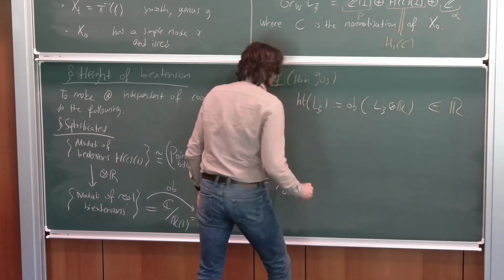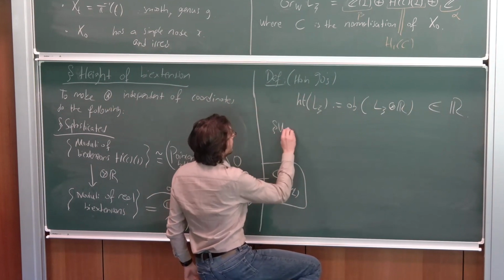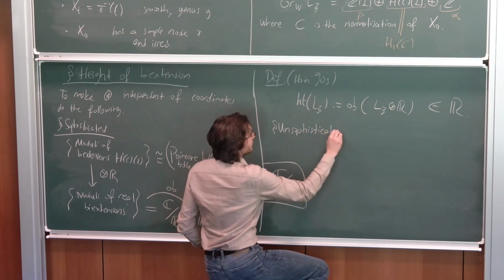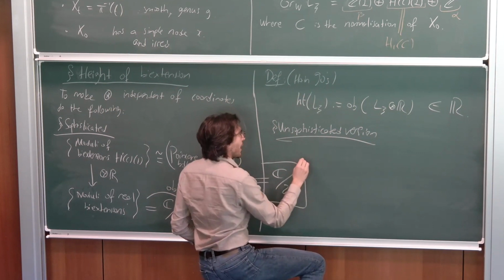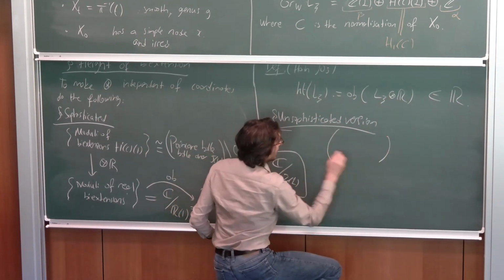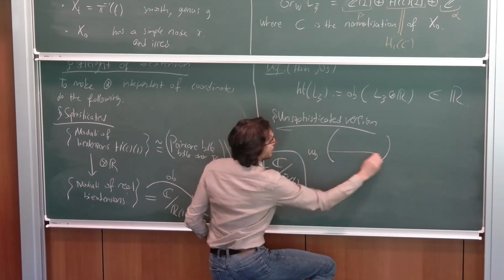And so the unsophisticated version is that, remember, we had a period matrix which I erased, but let me briefly remind you. There was an omega g giving me the last columns.